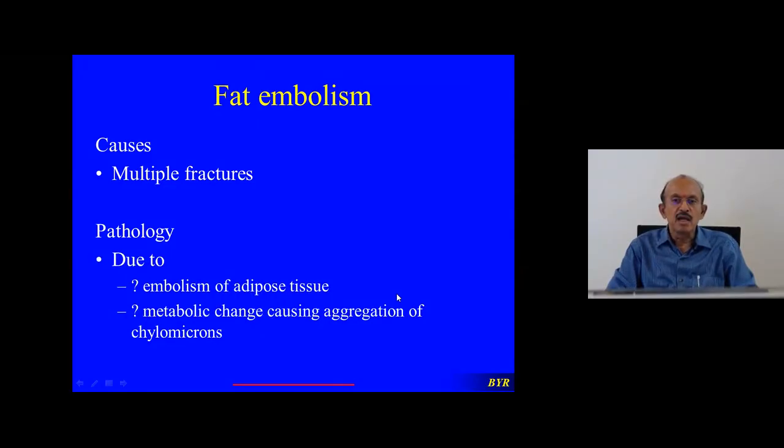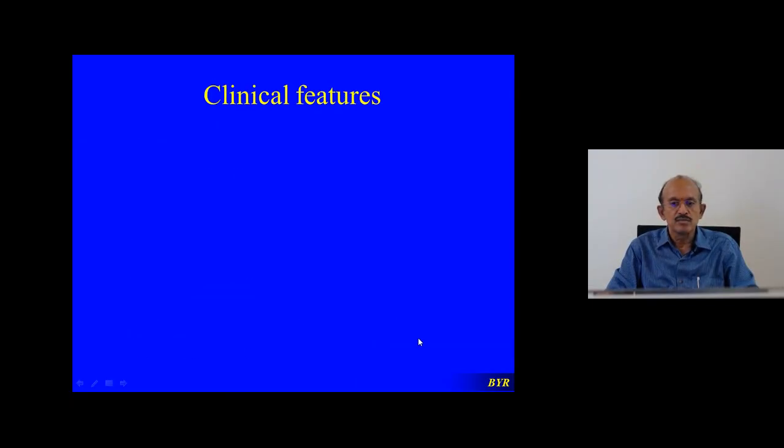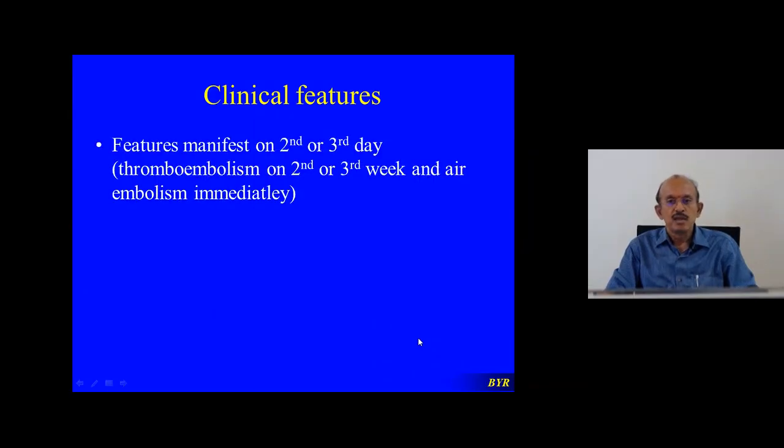Why free fat comes into the circulation, we do not know. Probably due to embolism of adipose tissue or due to metabolic change causing aggregation of chylomicrons. Clinical features manifest on the second or third day for fat embolism, air embolism immediately, and thromboembolism on the second or third week.